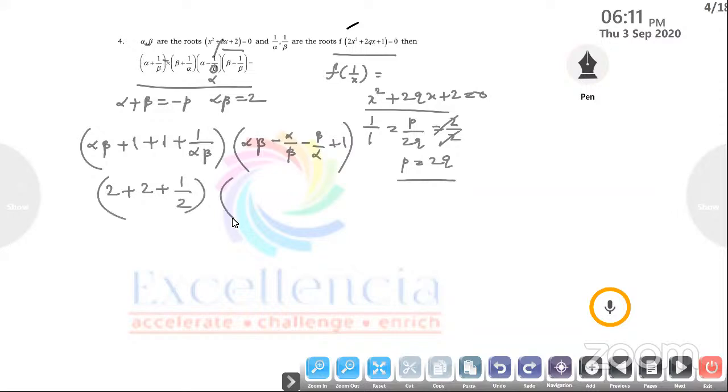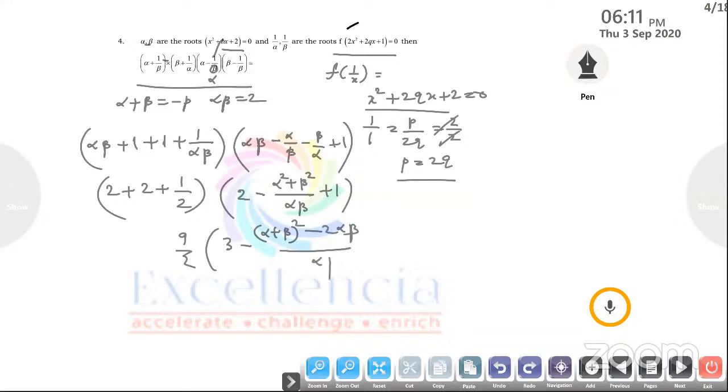And the second factor's alpha beta value is 2, minus, taking the LCM, alpha squared plus beta squared divided by alpha beta, plus 1. So we have here 4 plus 1 by 2, that is 9 by 2, and this becomes 3 minus alpha squared plus beta squared, which we can write as alpha plus beta whole squared minus 2 alpha beta, divided by alpha beta. You know the value of alpha plus beta: it is given as minus p.